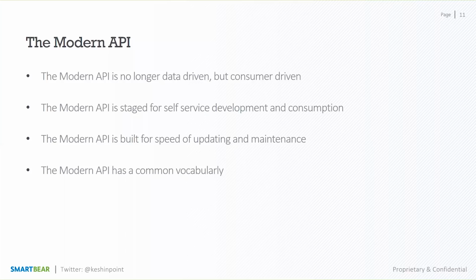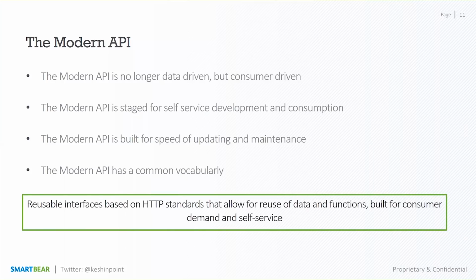So if I built a service in PHP, I should not be imposing restrictions saying, hey, the other person should also be consuming this in PHP for them to be successful. It has to have a common vocabulary of consumption. So the modern web API is just based on reusable HTTP standards, and it's built for consumer demand and for self-service consumption.